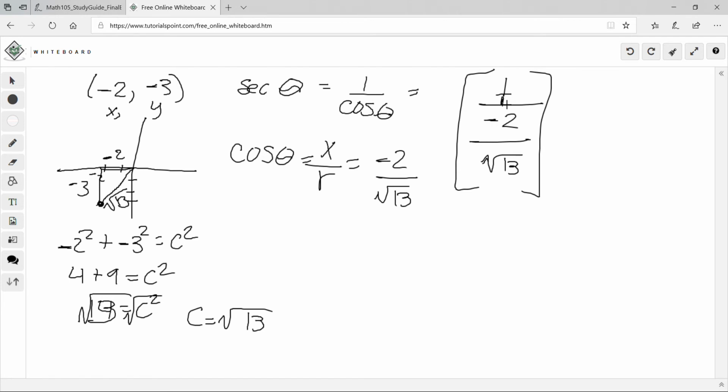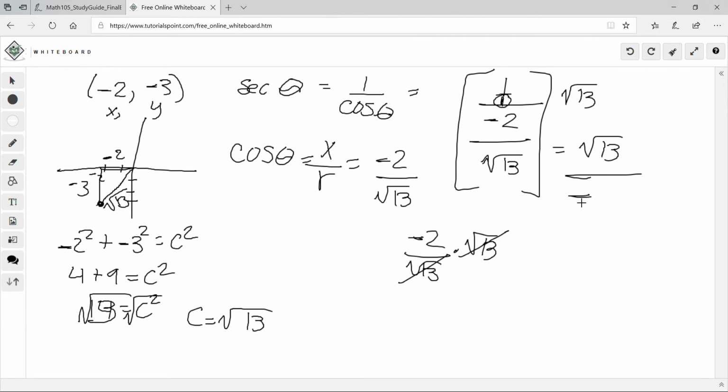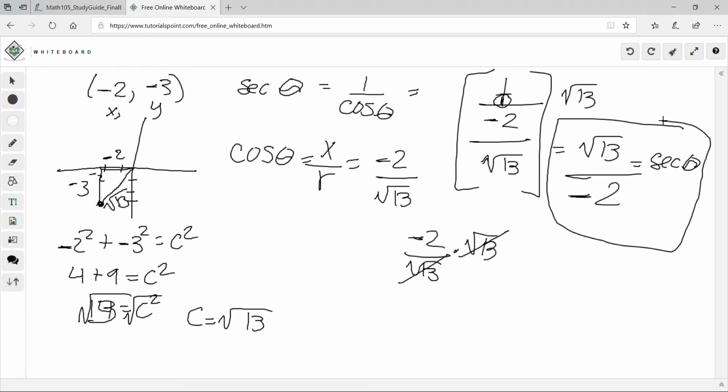And then you look at the denominator, so you have a 1 here and a square root of 13. Our common denominator is square root of 13. So 1 times square root of 13 is square root of 13. And then -2 over square root of 13 times square root of 13, these cancel, so you're just left with -2, so that's our denominator. So this is our secant theta.